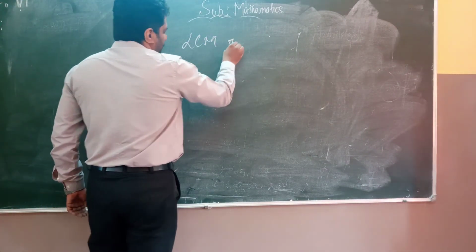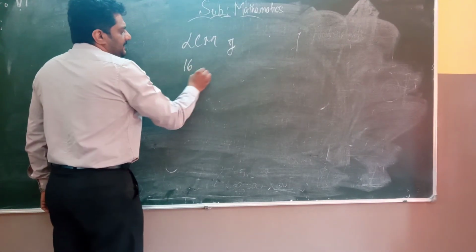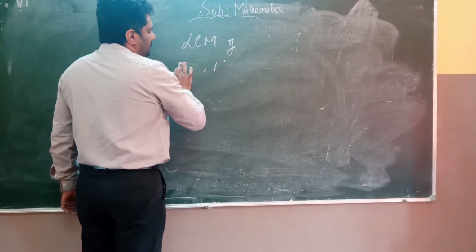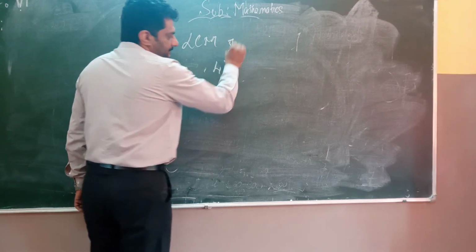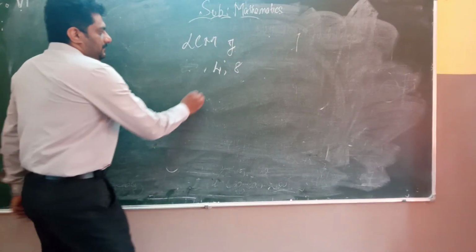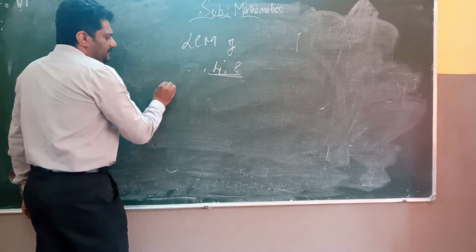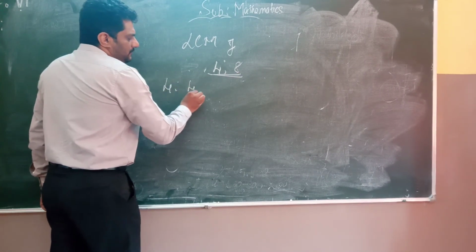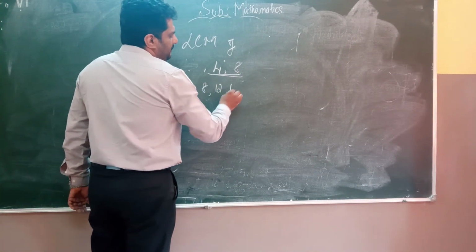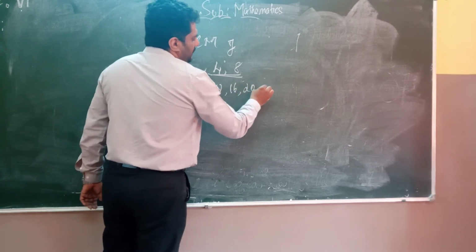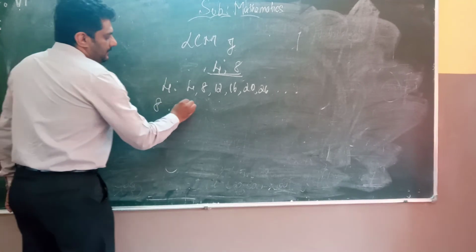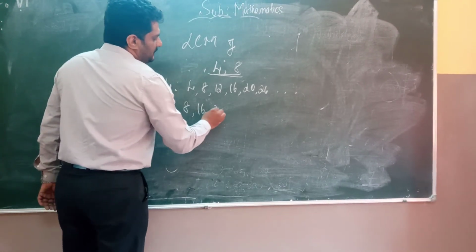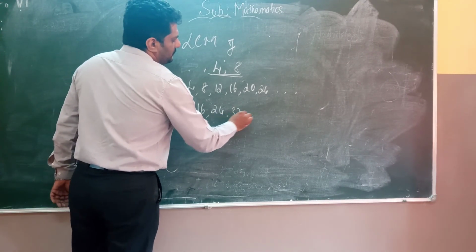LCM of 4 and 8. Start with 4. 4, 8, 12, 16, 20, 24 and goes on. 8, 16, 24, 32 goes on.